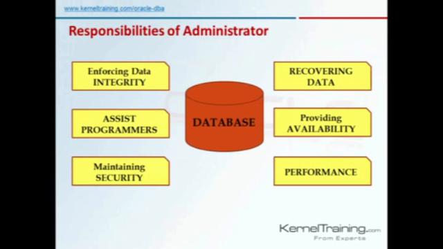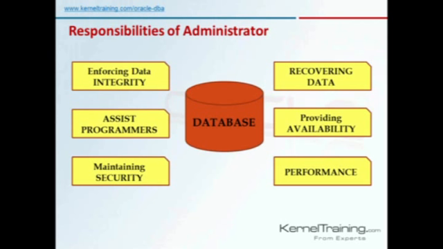First, it is enforcing data integrity, which means your data must be kept in a proper, organized manner. The first role of a DBA is to keep the data organized, and then to assist the programmers.